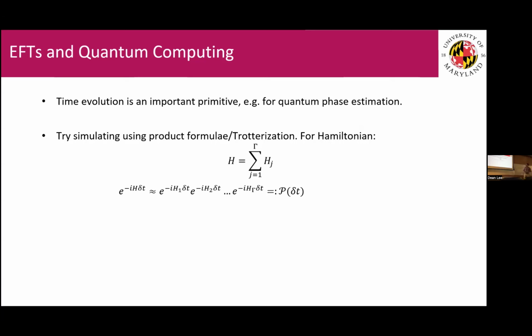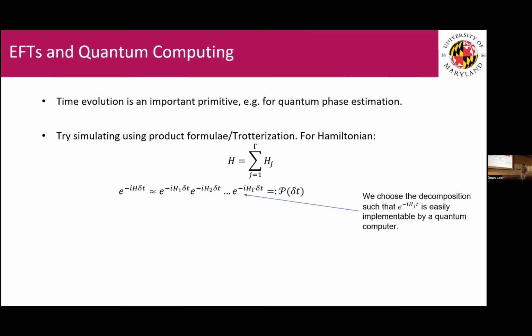Then I can take a sufficiently small timescale delta t, and I can approximate the full Hamiltonian evolution by just a product of the simpler terms. I'll call that my product formula unitary P for some time delta t.